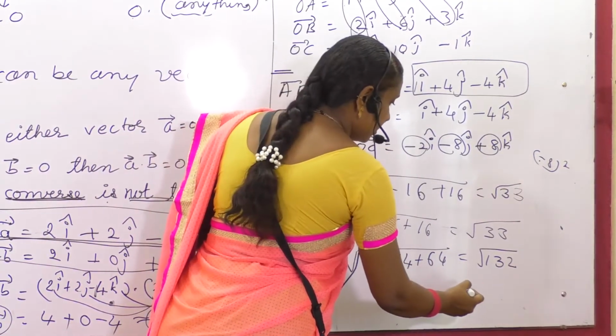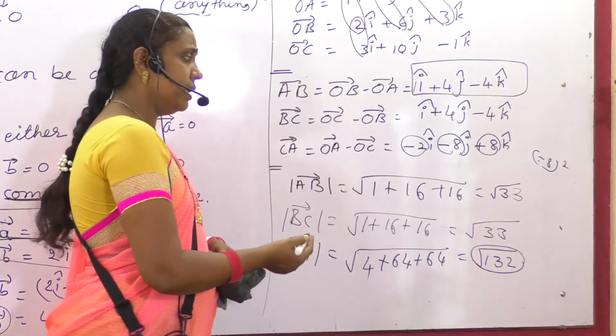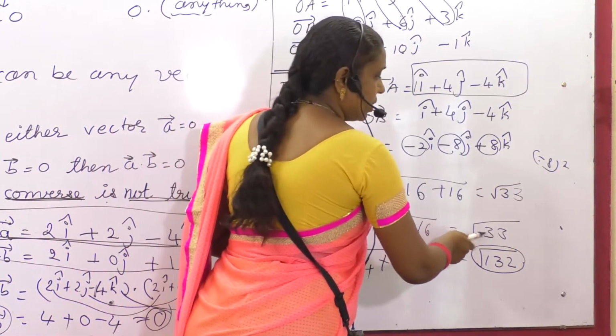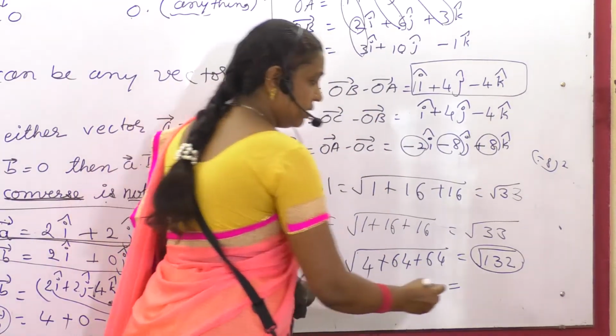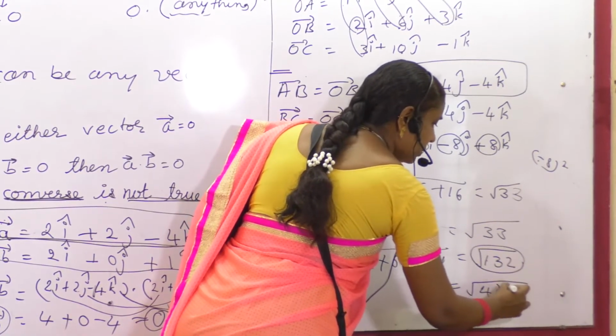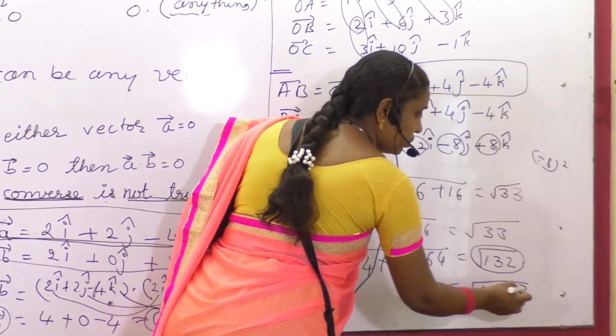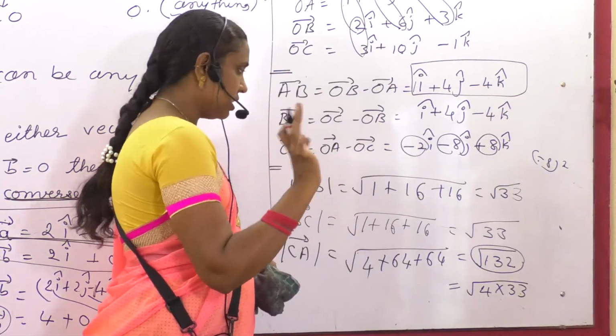Okay, next, 132, you just try to make it in the shortest, reduced form. How can it be reduced further? Can we write 132 as 4 into 33? Let us check: 4 3s are 12, 4 3s are 12 plus 1 is 33, okay, this is fine.